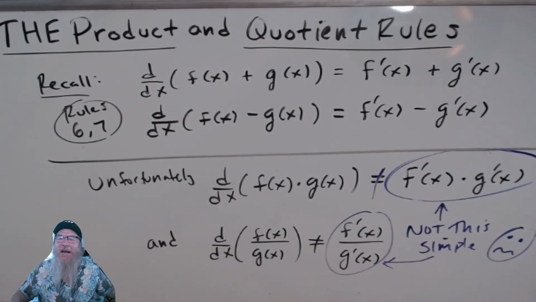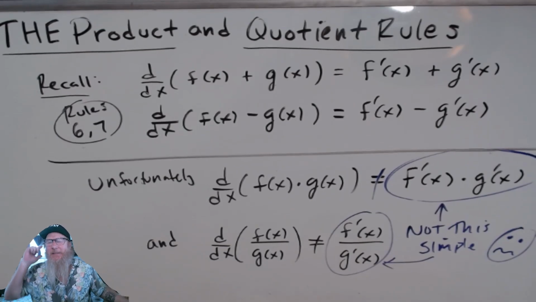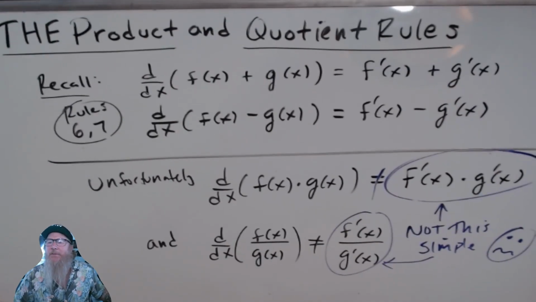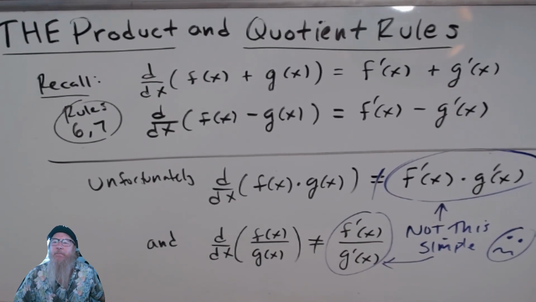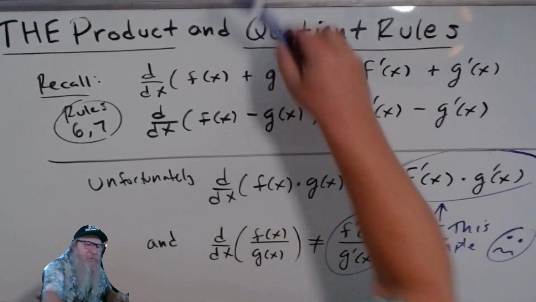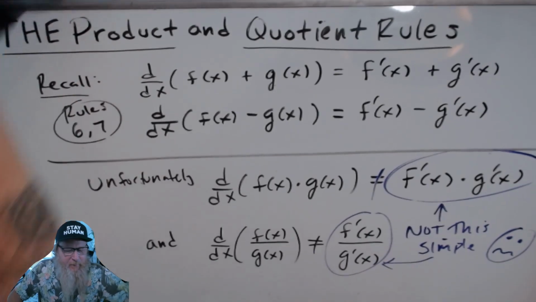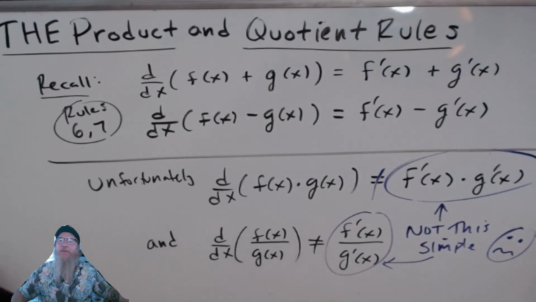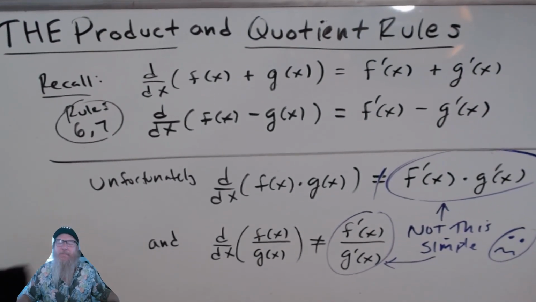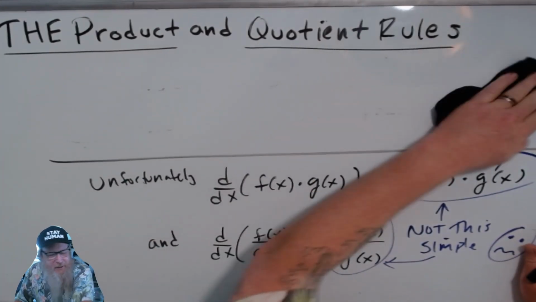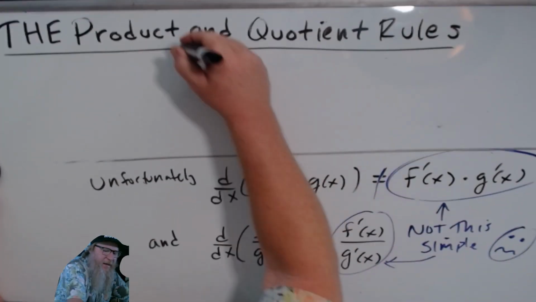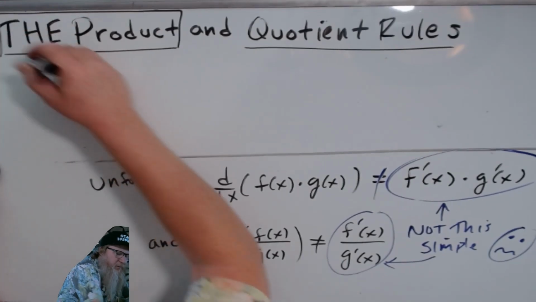But you know the old saying, if it's too good to be true, it's because it's not true. So these statements are not true. We need to develop some new rules for products and quotients, and they just deserve their own treatment. That's what we're going to do today. Let's start with the product rule.